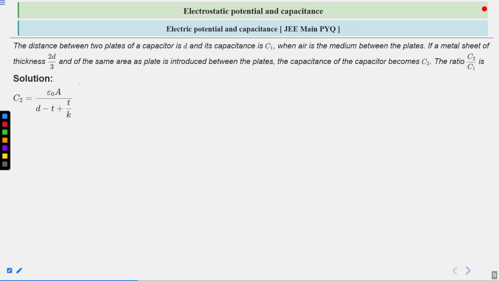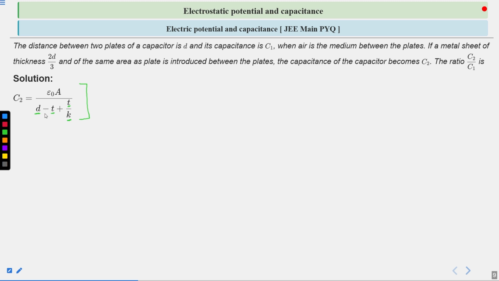Now this is the formula when a dielectric medium of thickness less than the separation between the plates of the capacitor is present. Otherwise, if the dielectric is fully inserted between the plates, then the capacitance becomes K C naught. But if it is not fully inserted, then the formula is this. d is the separation, t is the thickness of the dielectric material, K is the dielectric constant of that material, and epsilon naught A.